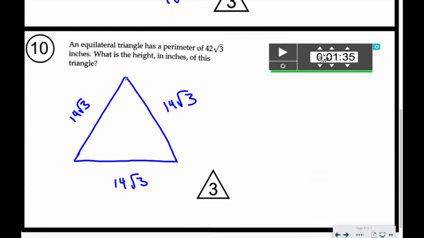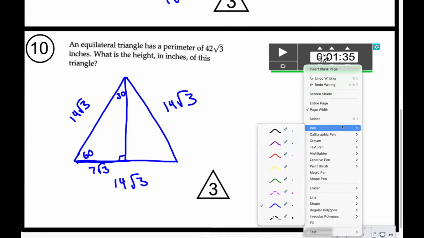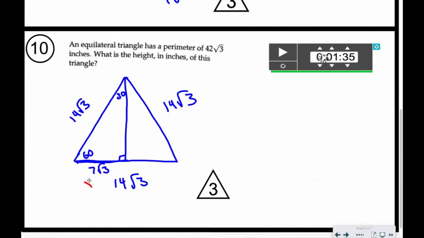The 30, 60, 90 comes from dropping the altitude. Because this is 60, this has to be 30, which means that this side is 7 root 3. And if we look at the ratios for a 30, 60, 90, this side is x, this is x root 3, and this is 2x.